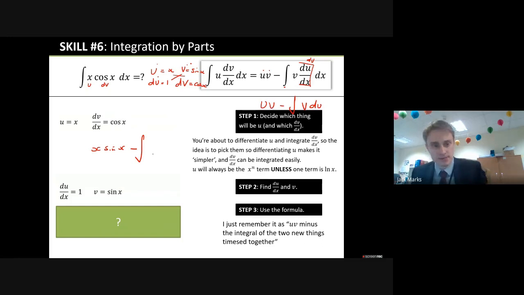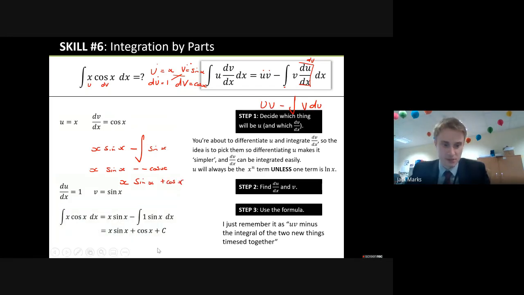So 1 times sine x, that's just sine x. Do you notice how that's not really a problem? Integrating sine of x is not really an issue for us. So x sine x, the integral of sine of x is minus cos of x. So final answer, I'm going to have x sine x plus cos x, and it's indefinite integration, so we should have a plus c as well.